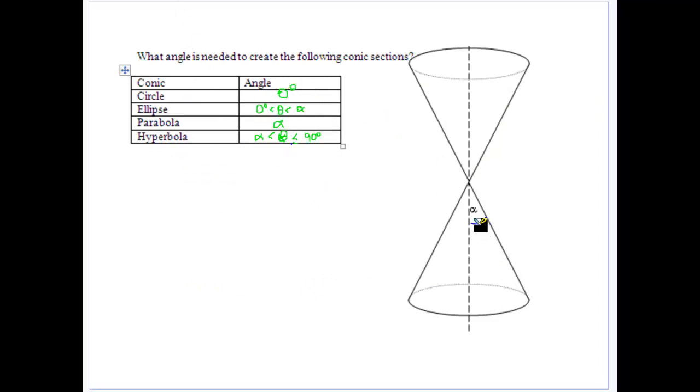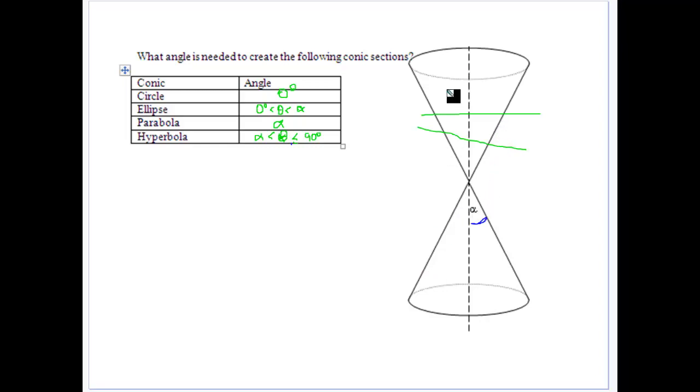So if alpha's our slant angle there, meaning the angle to the axis, then we take the axis at 90 degrees, the circle will be at an angle of 0. The ellipse is cut somewhere that's greater than 0 but less than the slant angle.